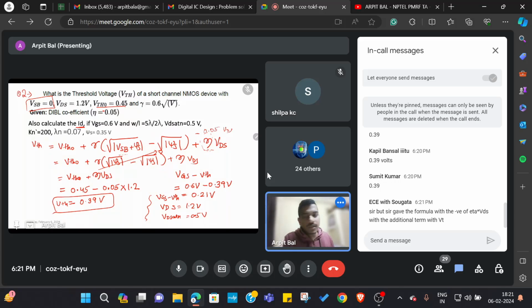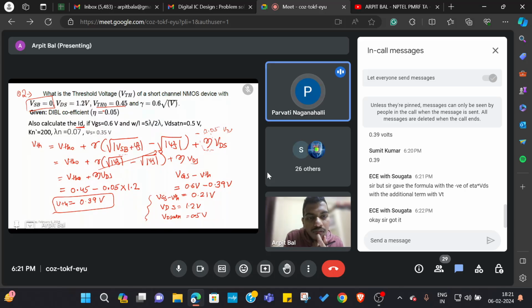Your understanding should be that if VDS is going to increase, then VTH should decrease. Because of this reason, eta has to be a negative value. Is that clear? So can you explain again?